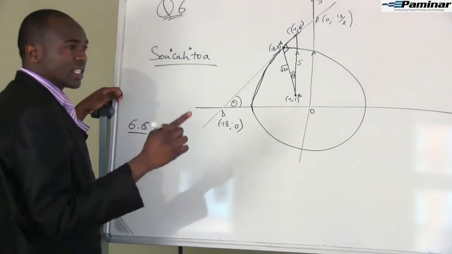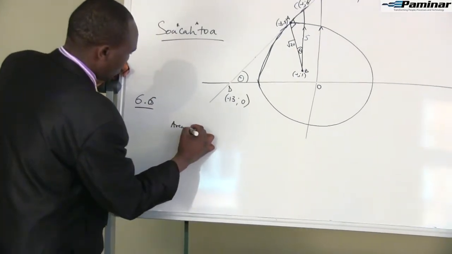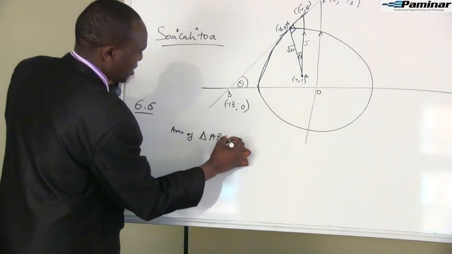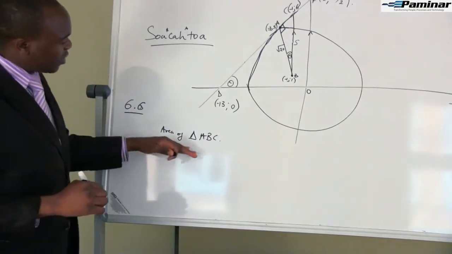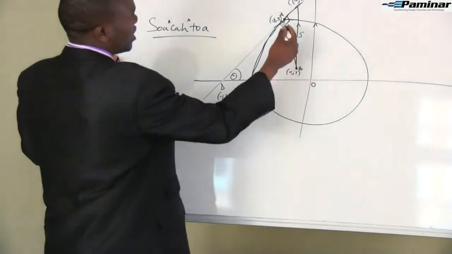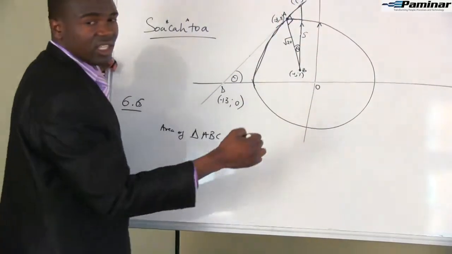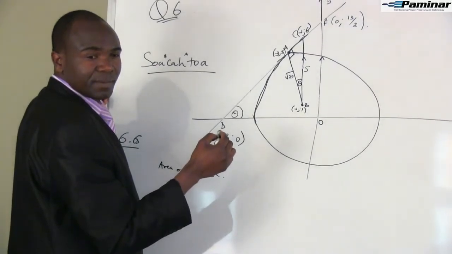Now, 6.6 says calculate the ratio of the area of triangle ABC to the area of triangle ODF. Now, area of triangle ABC. Now look at this one. We have everything there. This one has a 90 degrees angle.